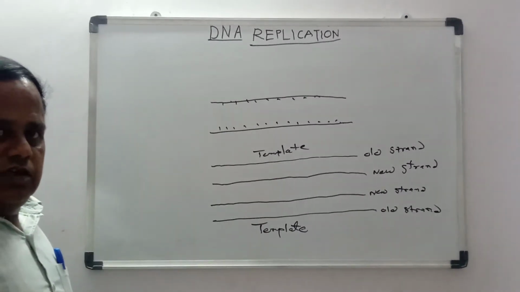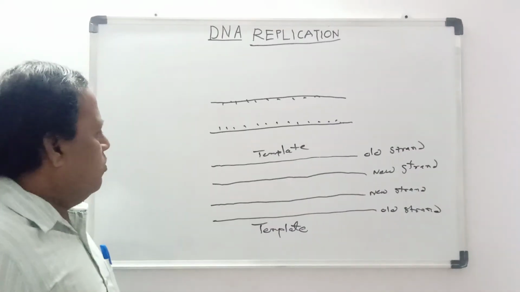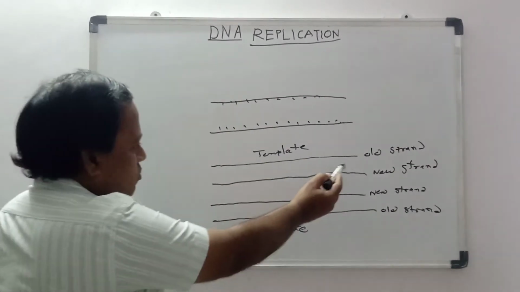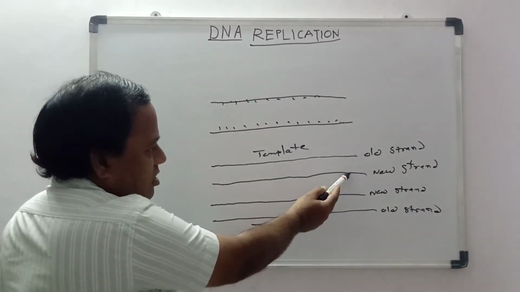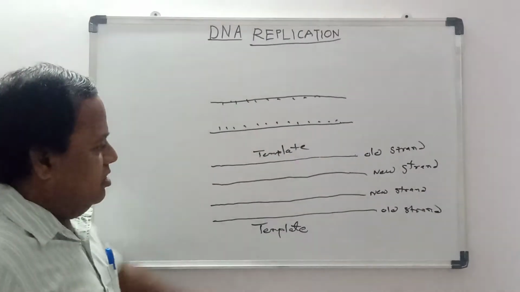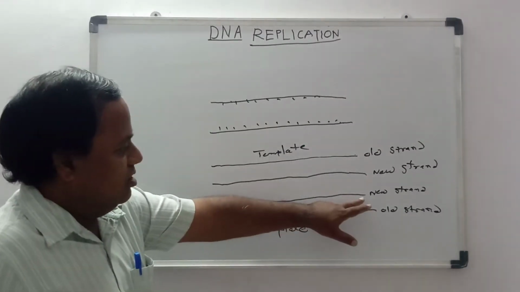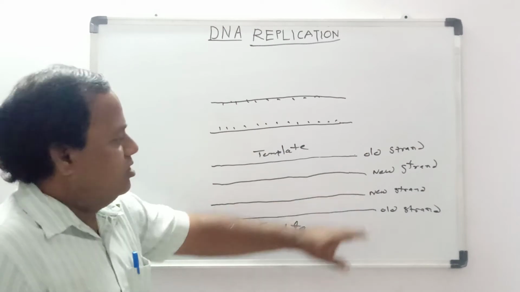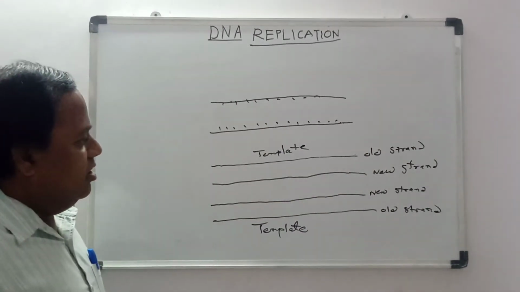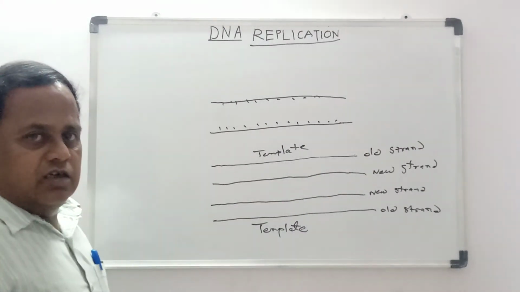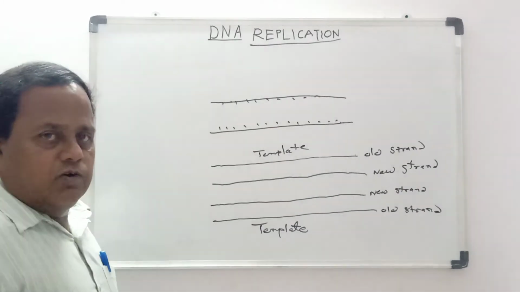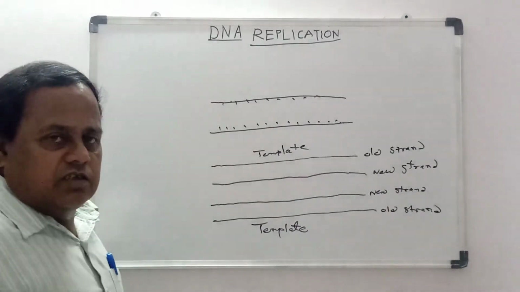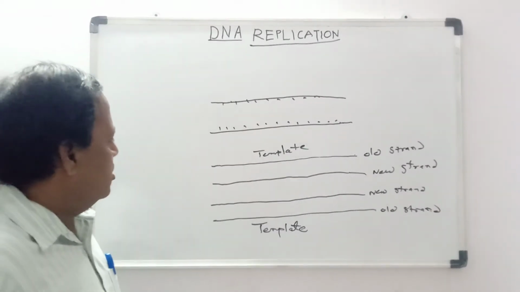So when the new DNA is formed, it contains one old strand and the other one is a new strand. So this formation of DNA is called semi-conservative replication.